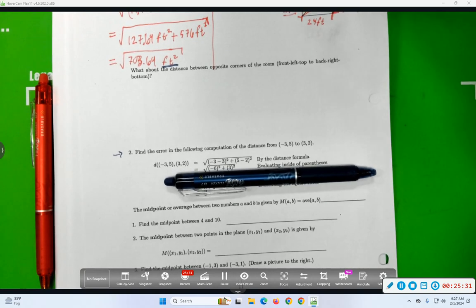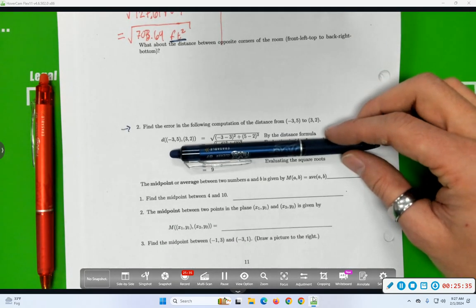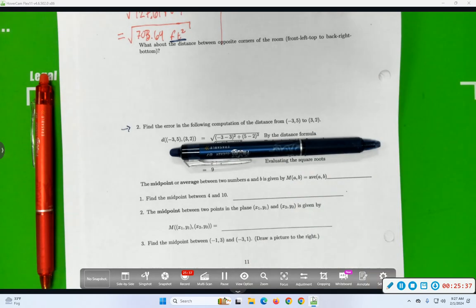So in the first step, I just want to use the distance formula and write down what it says. Is that a correct application of the distance formula? Things written down in the right places? There's a square, there's some subtraction, there's a square root, and there's an addition. Nice. We feel good? All right.